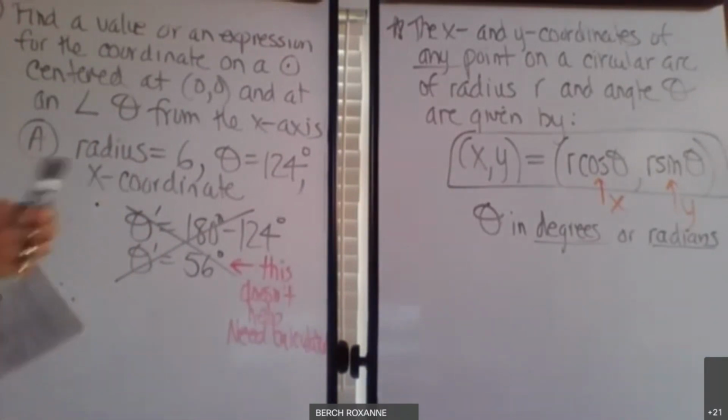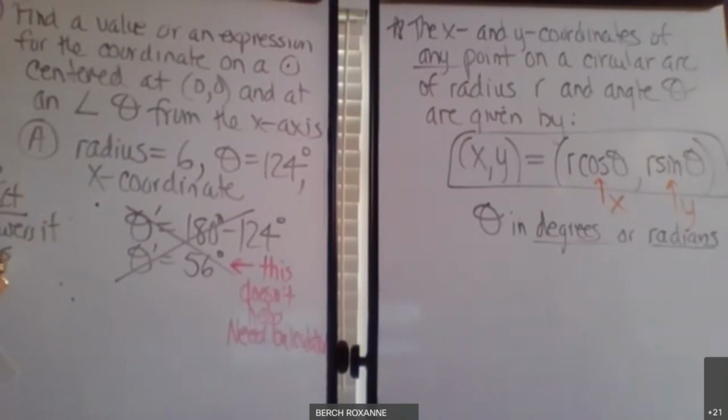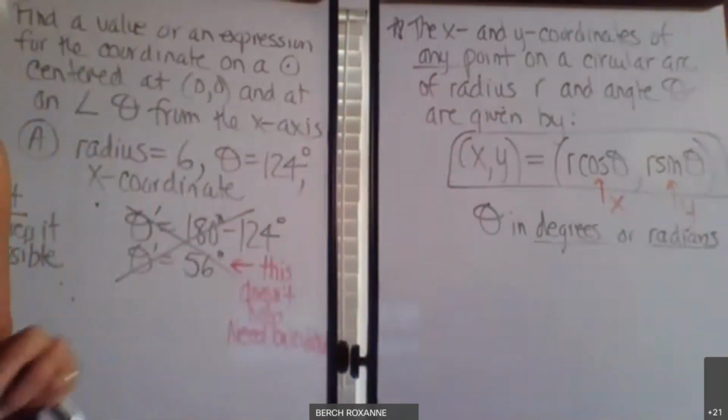Make sure your calculator's in the right mode again. You're all in degree mode, right? Yes. So we do not want to use a calculator if we don't have to. Just remember that we always want exact answers, if possible, without a calculator.